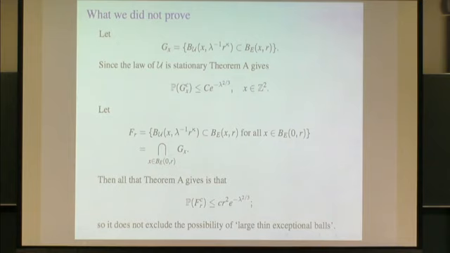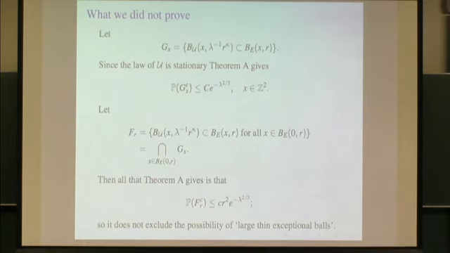Now let's look at the event that we take a Euclidean ball of radius r, and for all points x in this ball, we require the intrinsic ball, center x, of this radius to be contained in the Euclidean ball, center x and radius r, which would be contained in the ball, center 0 and radius 2r if we wanted. So it's the intersection of all these events G_x.